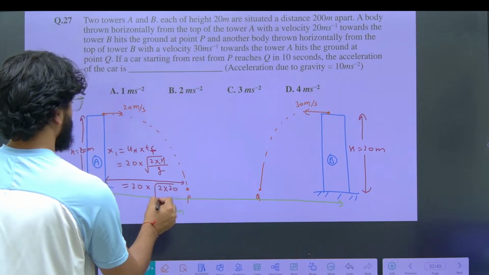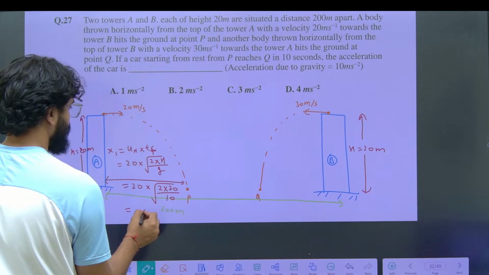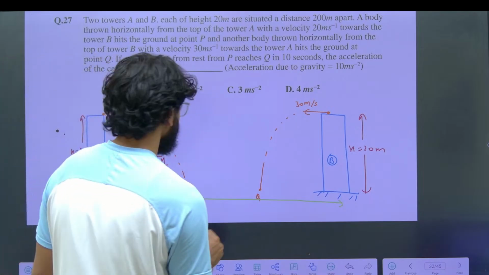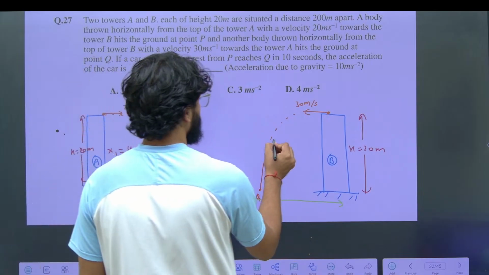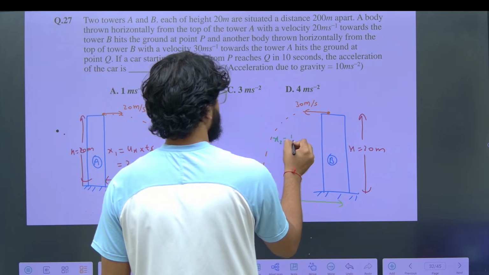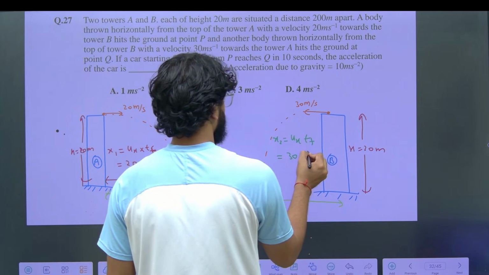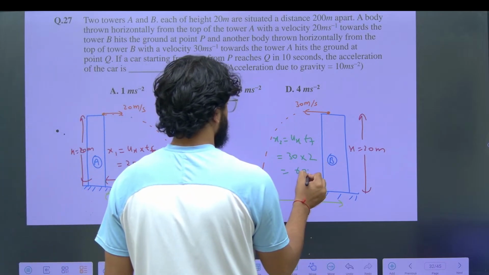So 2 into 20 upon 10, so this thing over here will be 40 meters, correct? Similarly we can calculate x2. x2 will be ux into time of flight, that is 30 into 2, so it is 60 meters, correct?